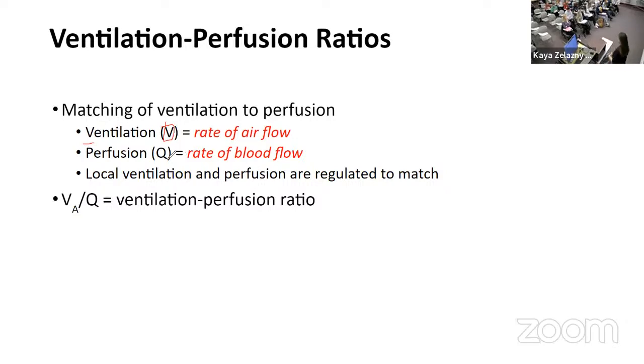So Q is the blood flow. So ideally, we want these to match. You want to have the same airflow to match your blood flow when we're looking at that alveolus and that capillary. So ideally, our ventilation, VA, so ventilation to an alveolus, is going to match our perfusion, the blood flow to the capillaries by that alveolus. Okay, so they should match each other.